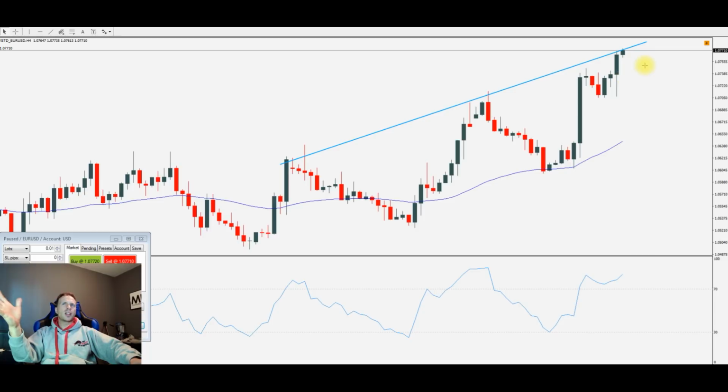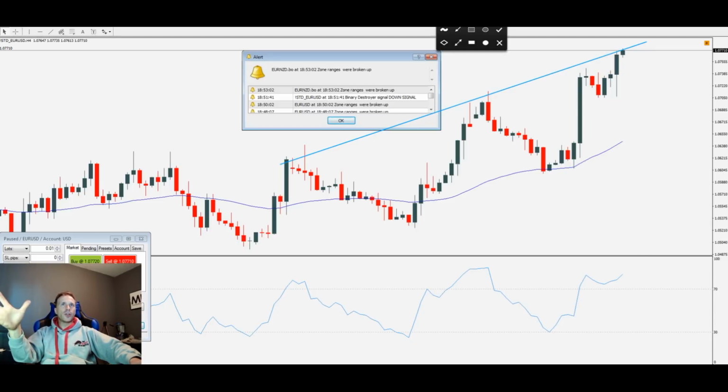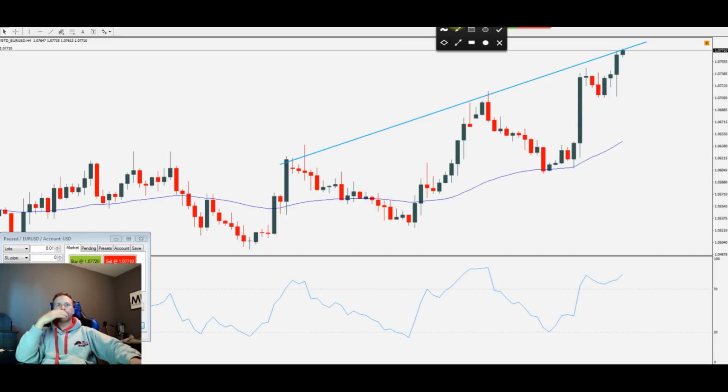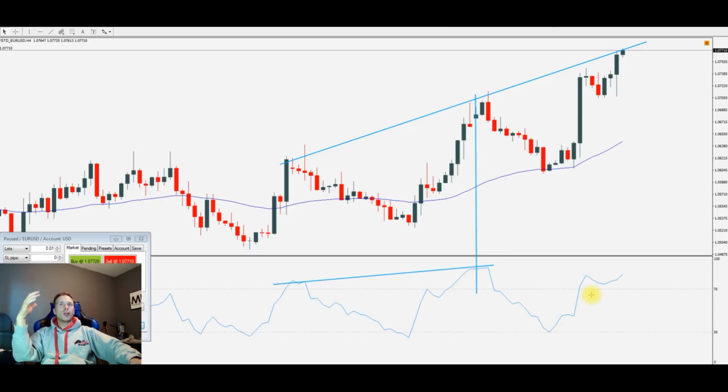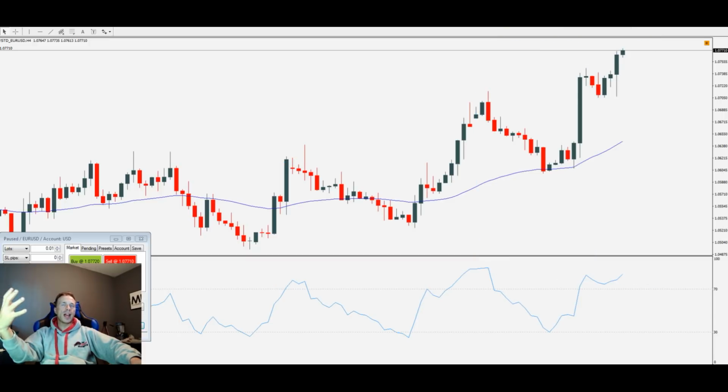You can see this kind of trend line. We had a high, then a higher high, and then another higher high. But if you look at the RSI, we made a higher high up to this point here, but on this point when price action went higher, the momentum went lower, which tells me the market is looking to slow down, the momentum is slowing down, and we're looking to reverse.